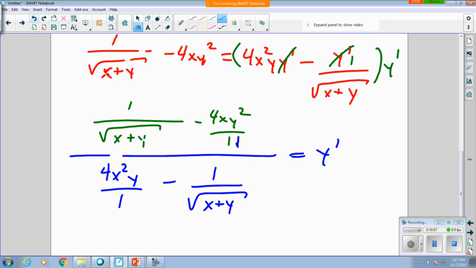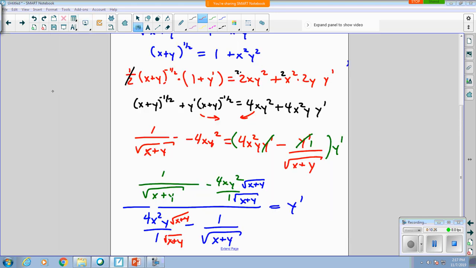So I see that I'm going to have to get a common denominator in the top of x plus y, and the same in the bottom. So you're seeing how this can really work out. Once you make that step, the denominators will be the same. They'll just cancel here. So this, again, is a lot of algebra.